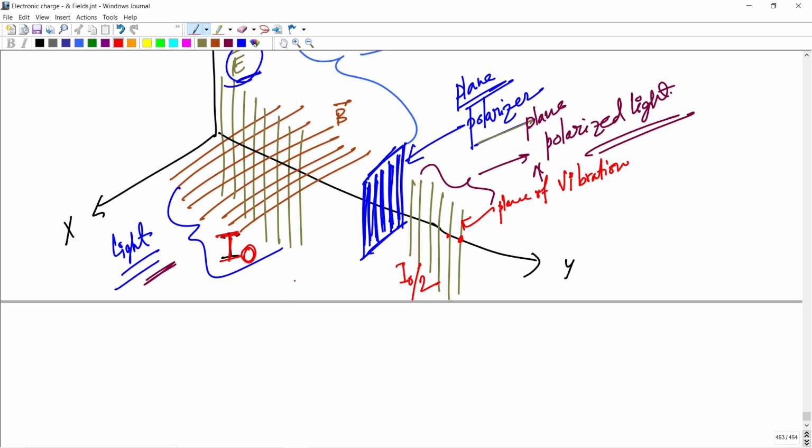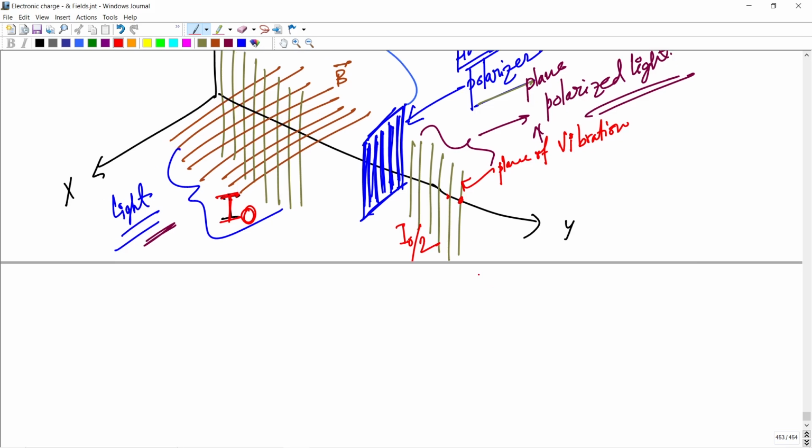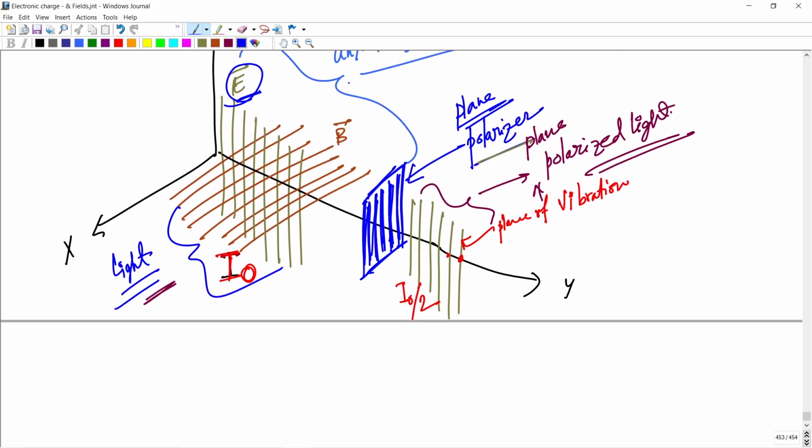Now, if I put another polarizer, this polarizer is called an analyzer. When you put another plane here, this plane is called the analyzer. So the analyzer looks like this.